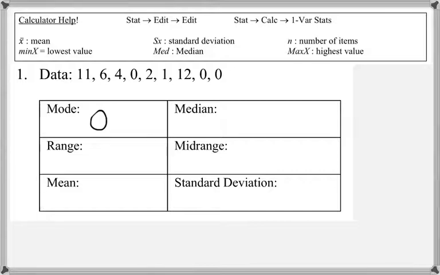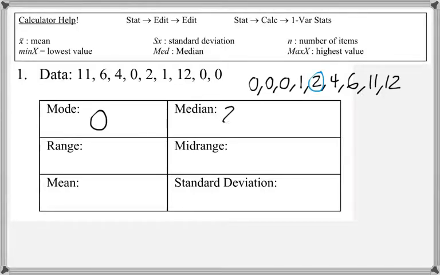For the median, we need to first organize our data. So we have to put it in order. And we have 9 values, and the median is the value in the middle. So that will be 2.